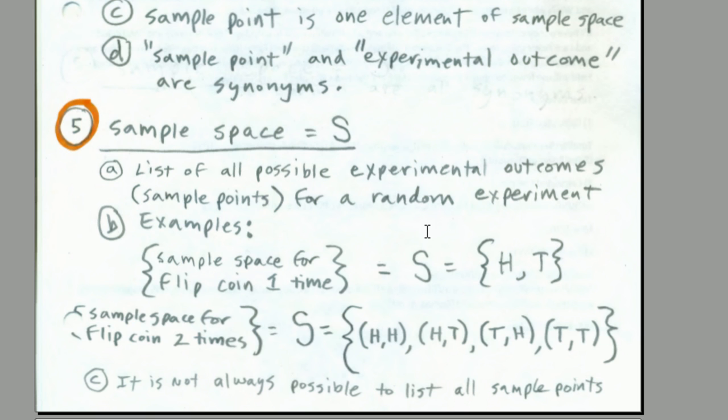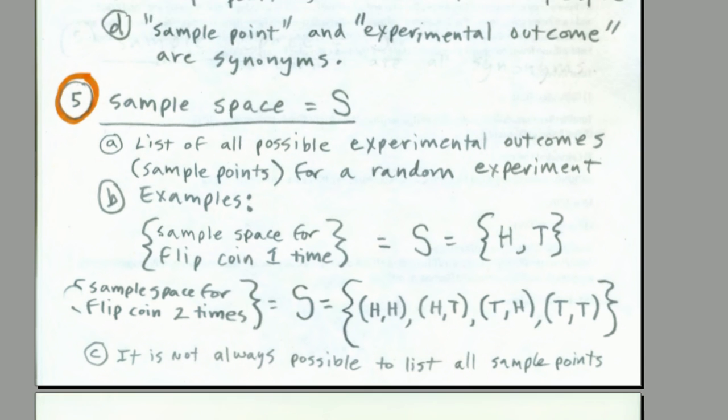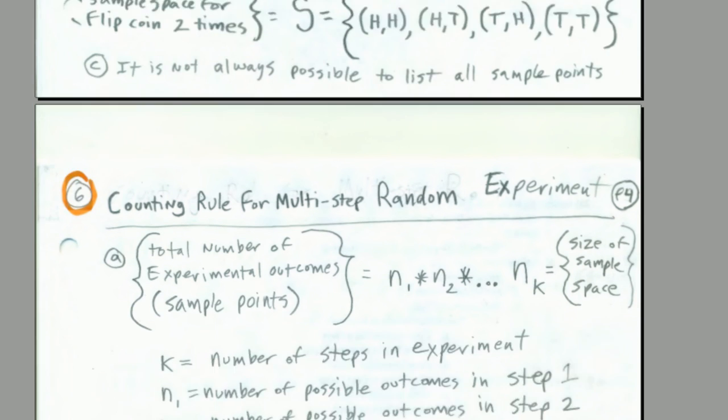So for example, for our first, just flipping a coin once, our S would be H, T. Now what if we flip a coin 2 times? The sample space would be head-head, head-tail, tail-head, and tail-tail. Now sample points like this, when we do them, we're also going to calculate the probabilities for each one, which will help us figure out some of the tougher probability problems.